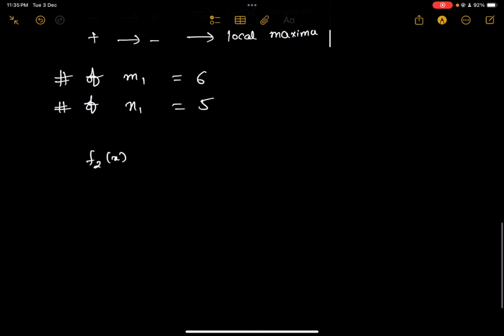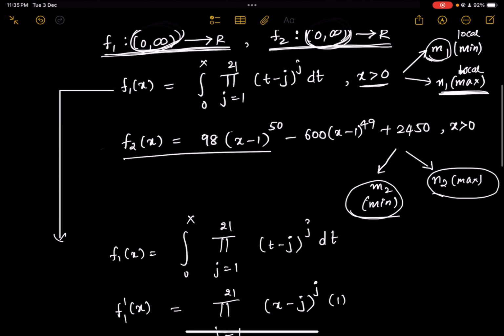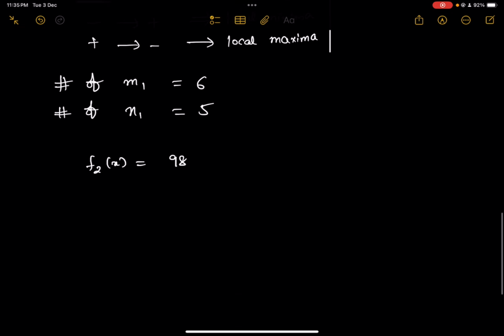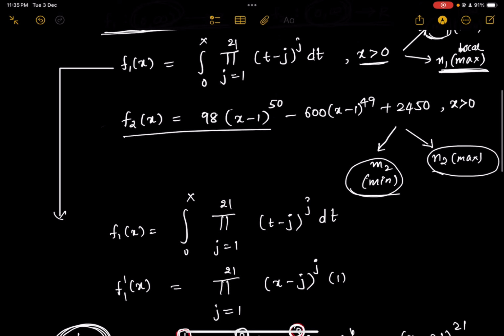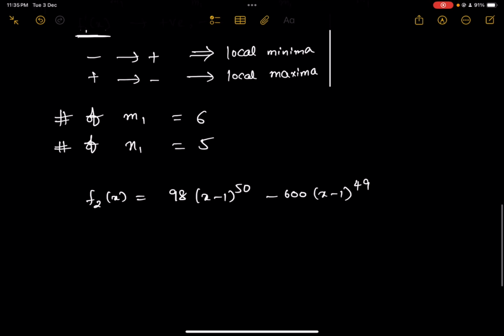f2 of x is equal to 98 (x minus 1) whole power 50 minus 600 (x minus 1) whole power 49 plus 2450.